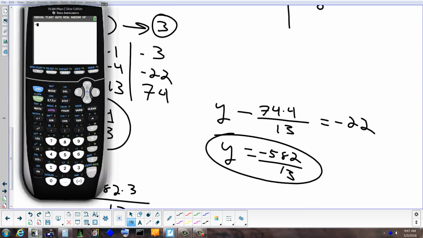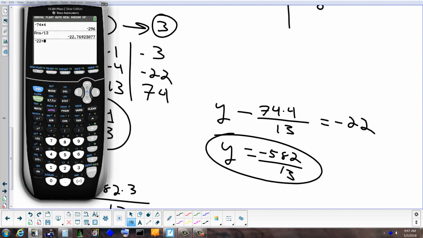So it was negative 74 times 4. That's the numerator, divided by 13. And then we want to add 22 to the other side. So it was negative 22 plus, how can I do this?